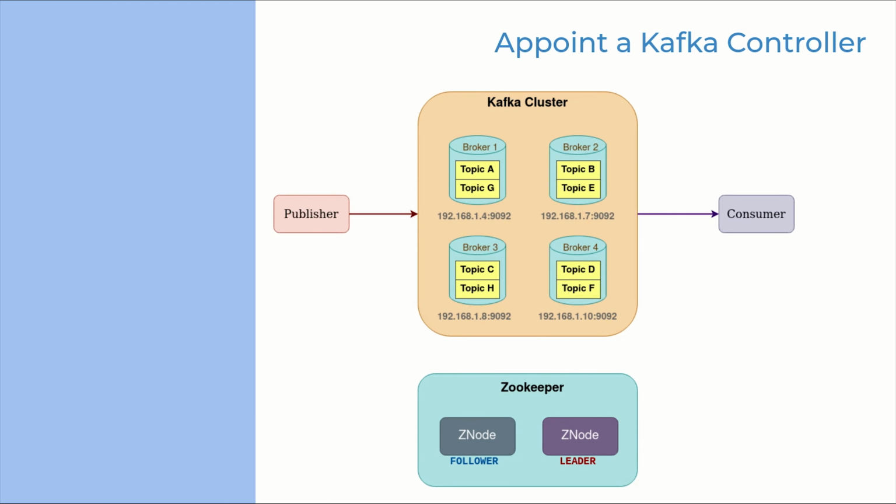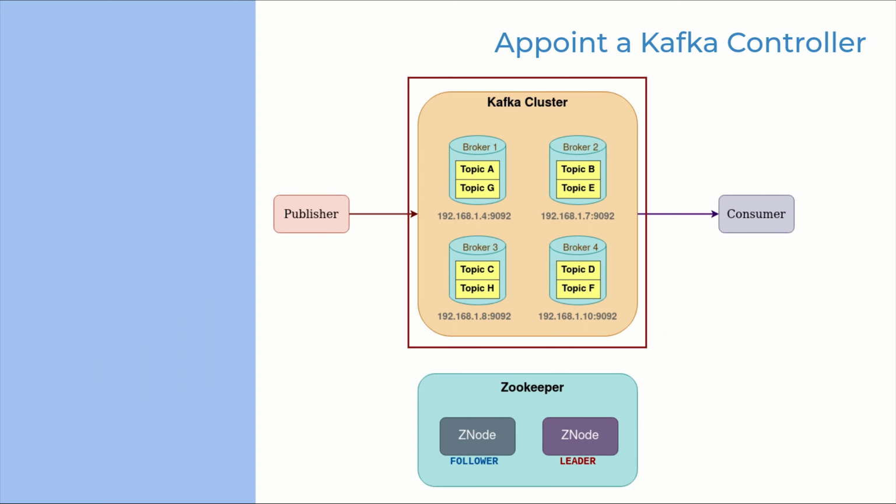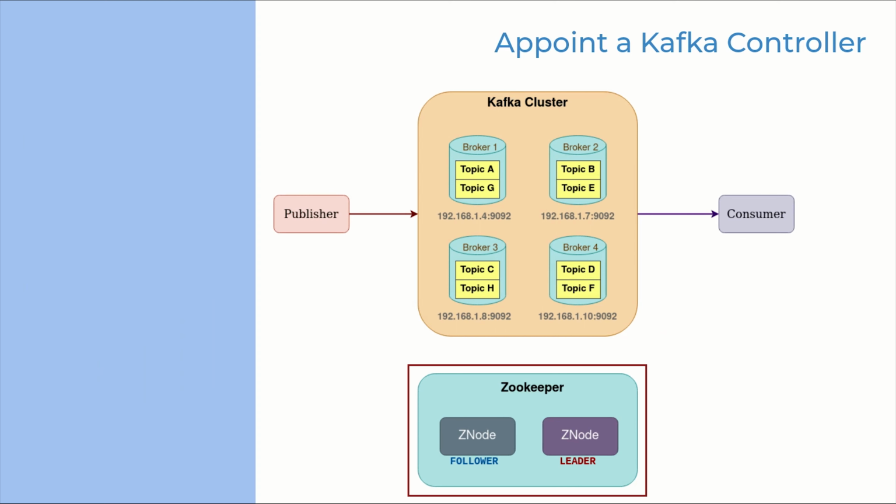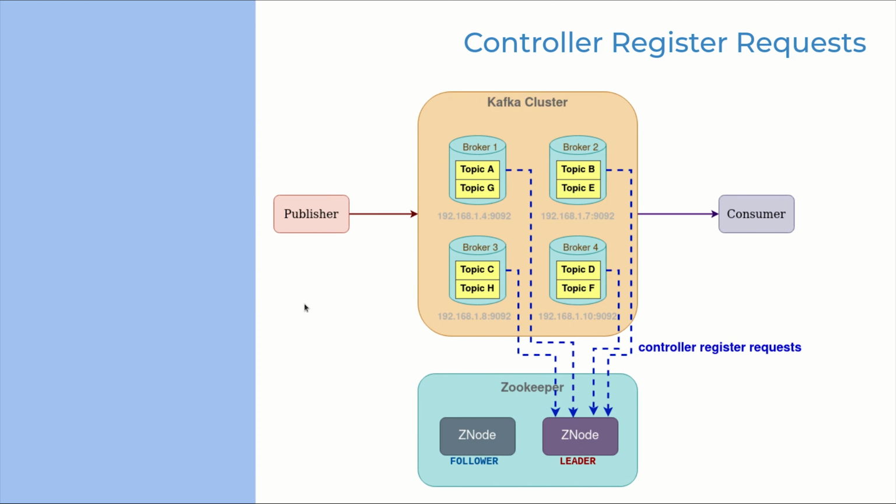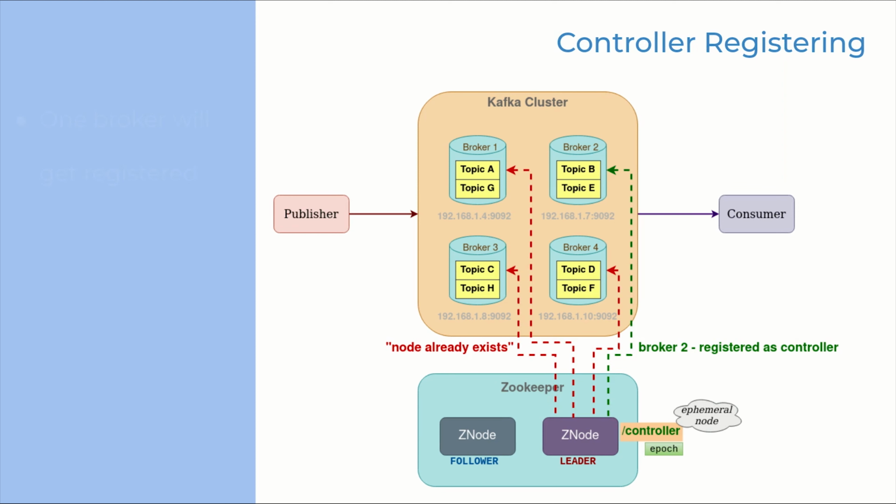Let's assume we have a Kafka cluster like this and the Zookeeper cluster without any appointed controller. Let's check out how the controller gets appointed. Since no controller node is available in Zookeeper, all the brokers will attempt to register as the controller. The first broker to register as the controller will be appointed by Zookeeper, and the rest of the brokers will get an error saying the node already exists.